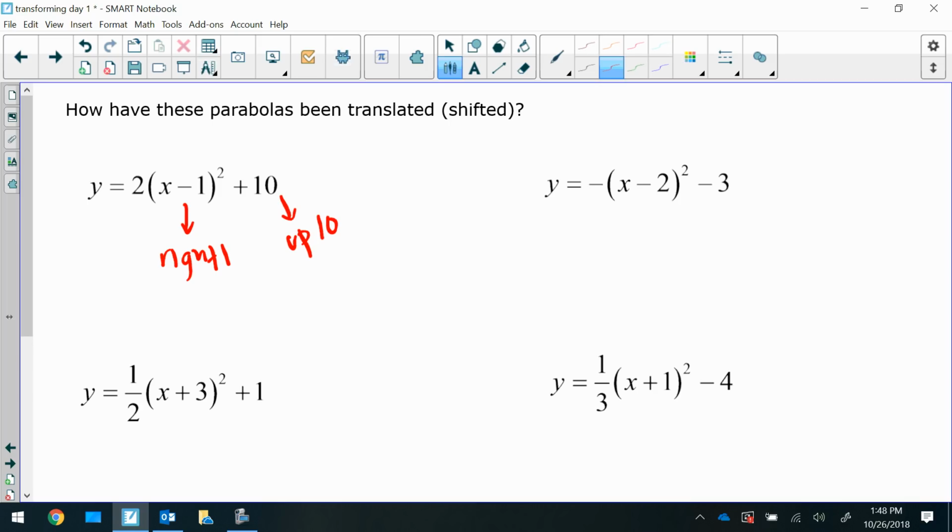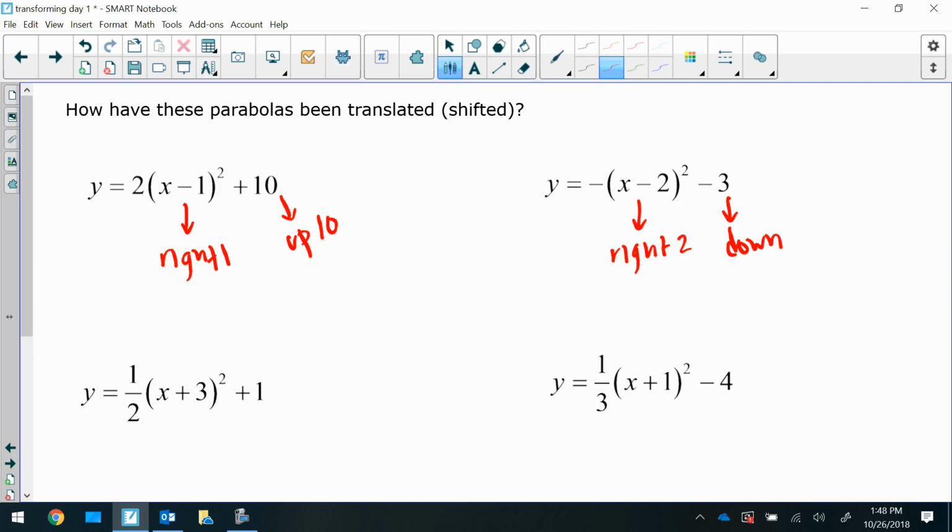I'm going to talk about the numbers out front in a second, because I haven't talked about that yet. I move over to the next one. We have x minus 2. So it's going to the right, opposite of what you think from the inside. And if I have minus 3 at the end, that's going to take me down.